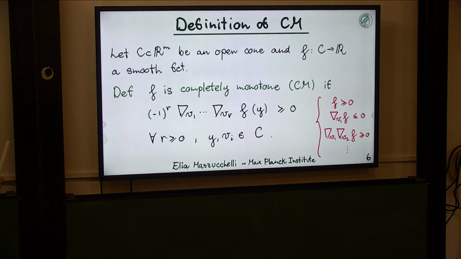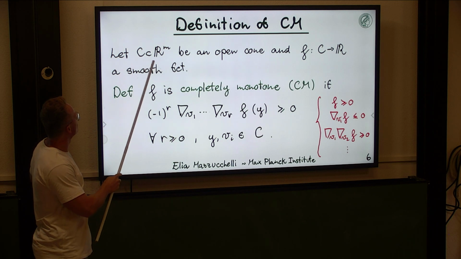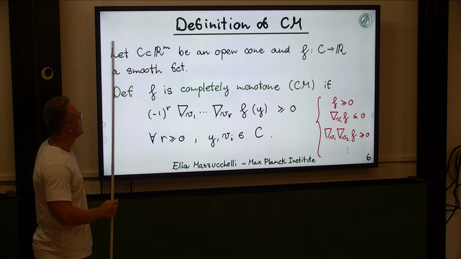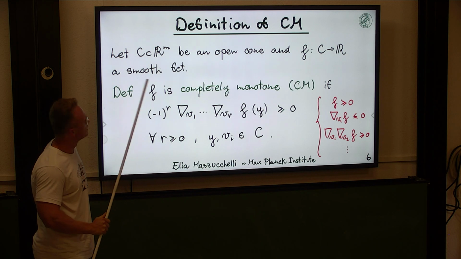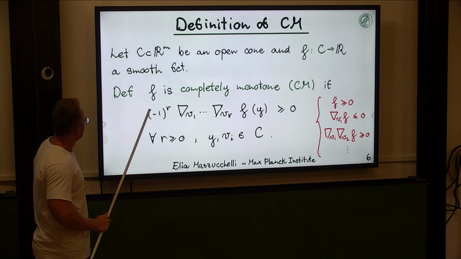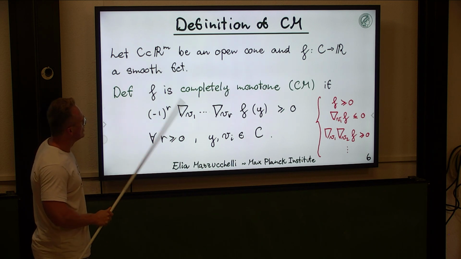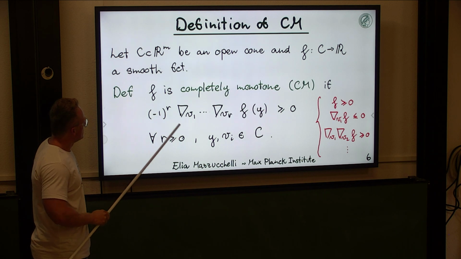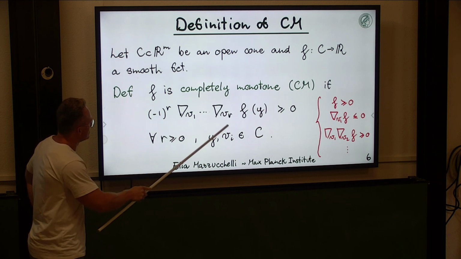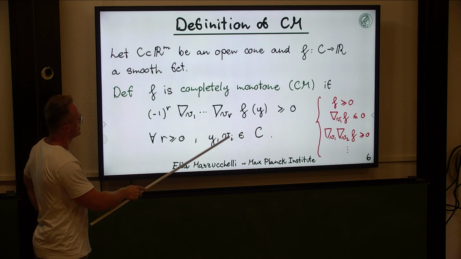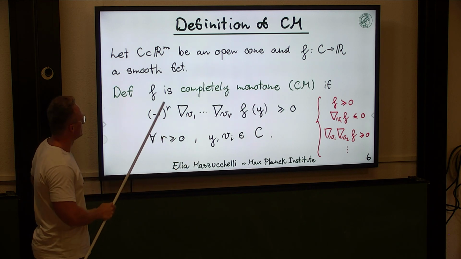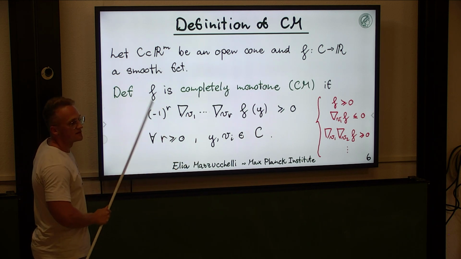Let me give you the definition of complete monotonicity. So we take an open cone in R^m, and we take a function defined on this cone that takes real values. And we say that this function is completely monotone if all the directional derivatives of order r, with directions inside the cone, have some fixed sign.